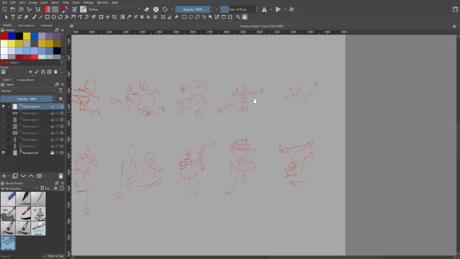Since they are only a minute, I'm forced to reduce the complexity of the pose and forms drastically.